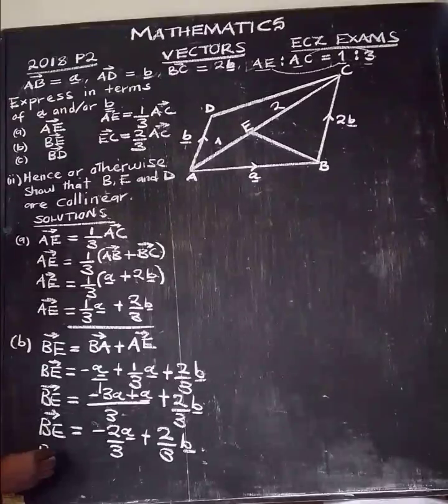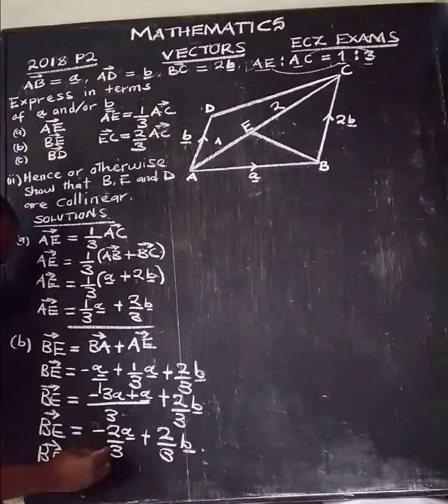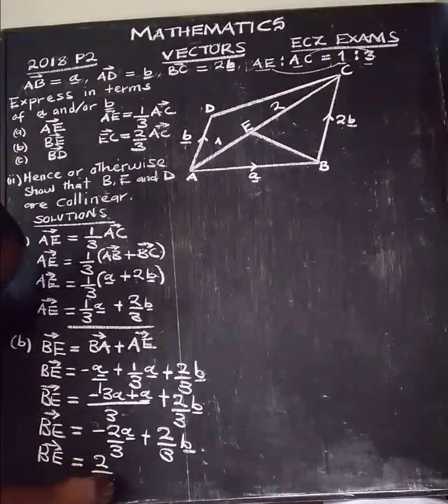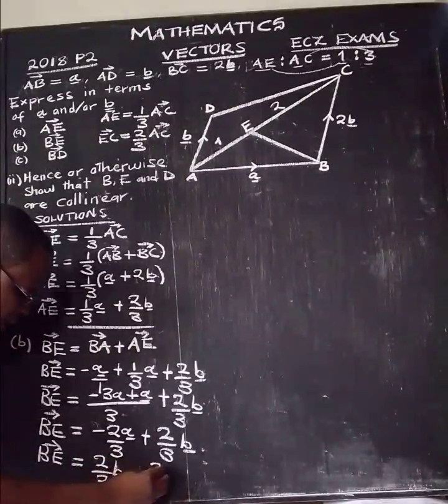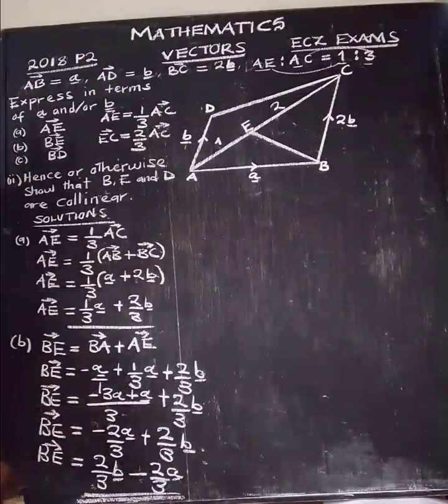Then BE is equal to, we can start with a positive and say 2 over 3 vector B minus 2 over 3 vector A. So this is our answer.